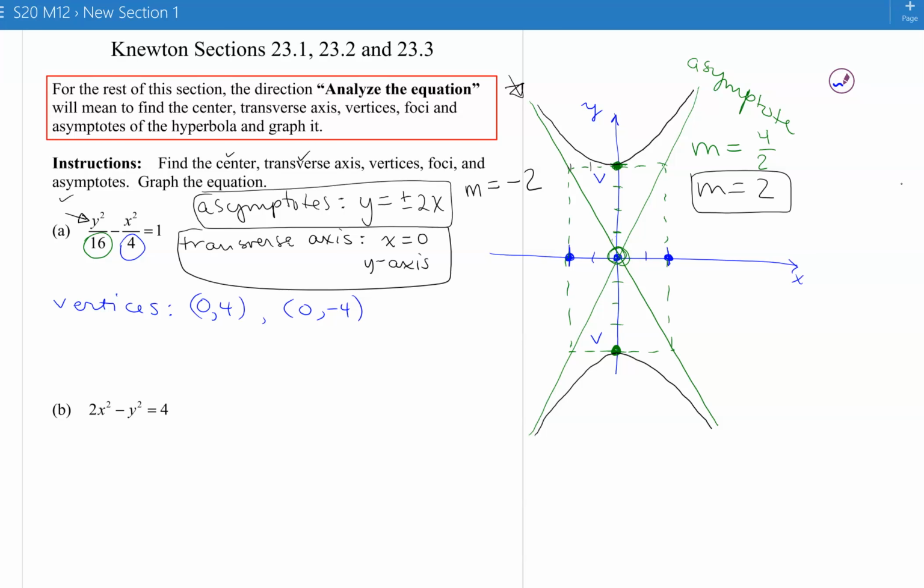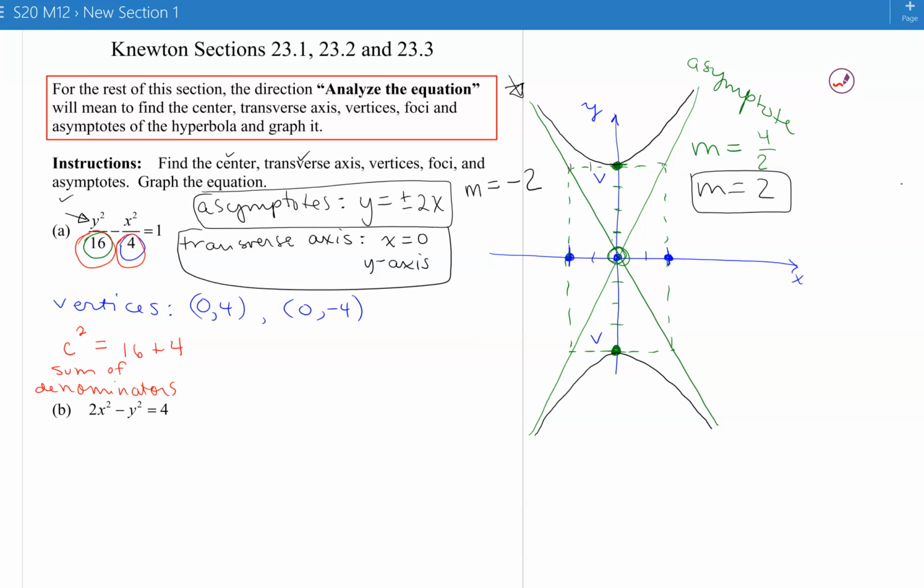Then to find the foci, we look at these two denominators, and little c squared is the sum of the denominators. For the ellipse, the formula has a plus, so the c squared has a minus.